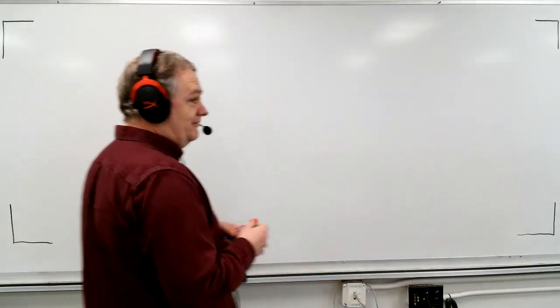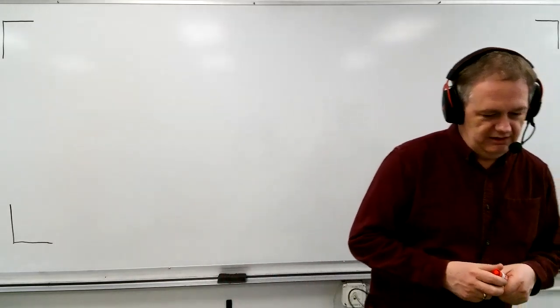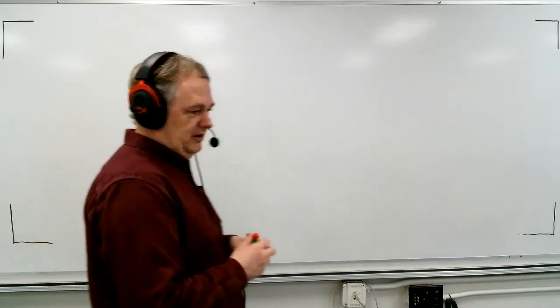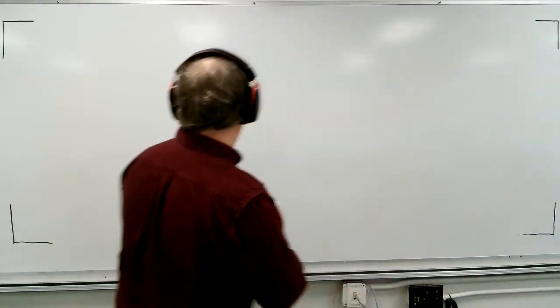The triac is the one that we're going to look at next. I want to start off by showing you the symbol for the triac. And it looks a little bit like this.